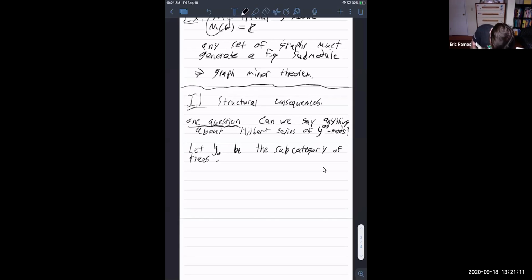Okay. So there is a map, let's say W goes to T of W, which sends Dyck paths to trees.